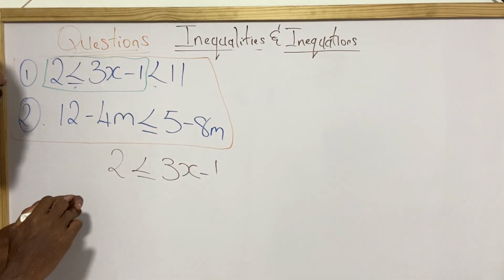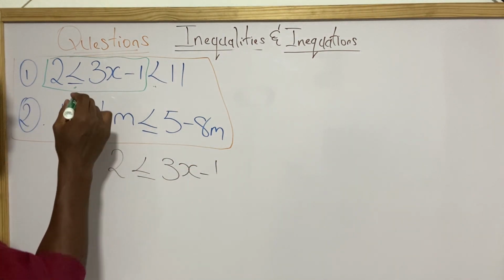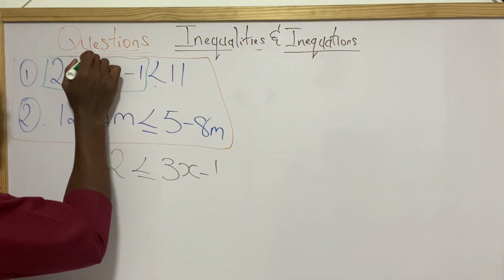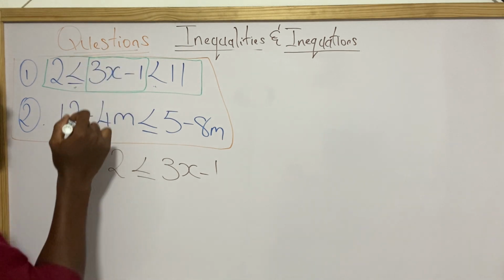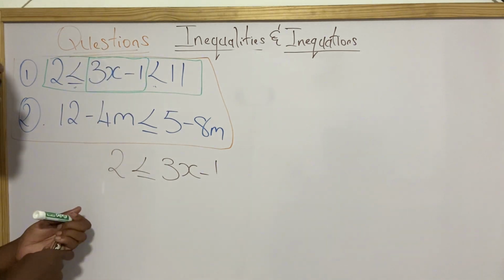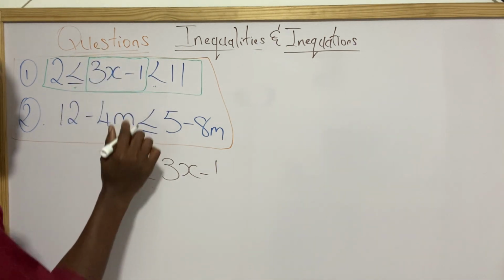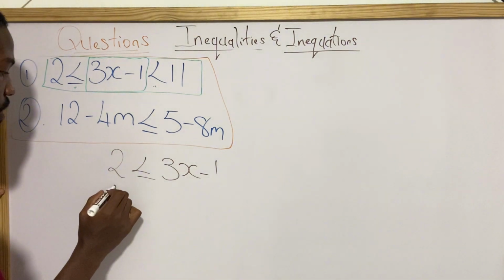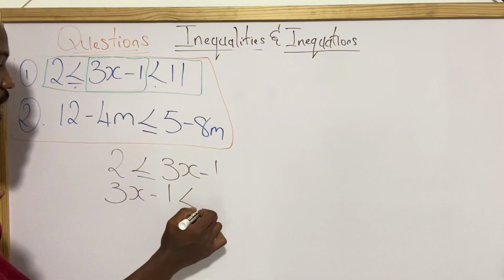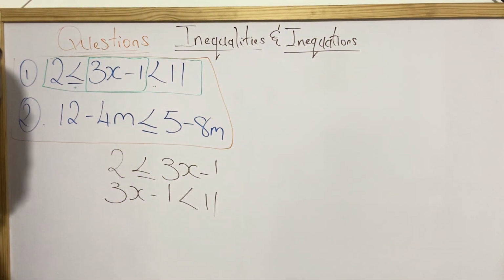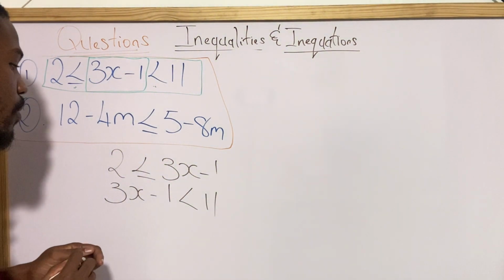In the next part, we're going to break it here again. So that is one part. And the second part, we're just going to take that 3x minus 1 is less than 11. So that's how we start off working out our problem.